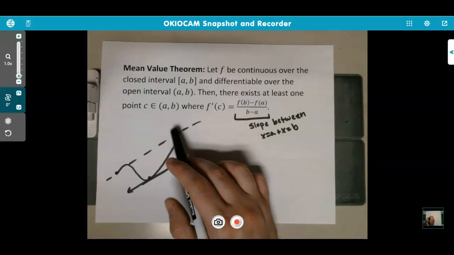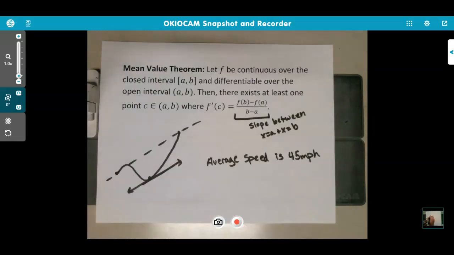So like if I'm going on a trip and I say that my average speed of that trip is, let's just say 45, okay? Then somewhere along the line, somewhere on my trip, I must have gone this speed. That's basically what that says.